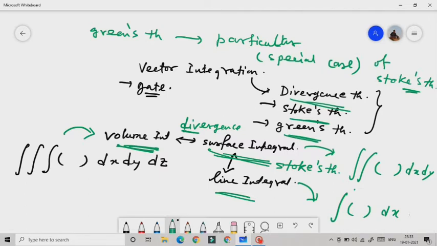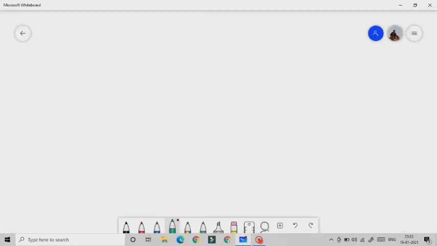Let's see how they are related and what the theorems are. We will discuss all the things elaborately now.